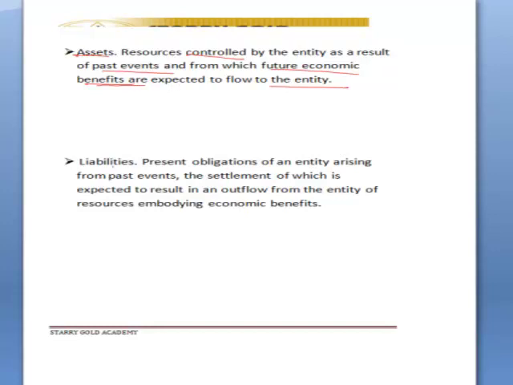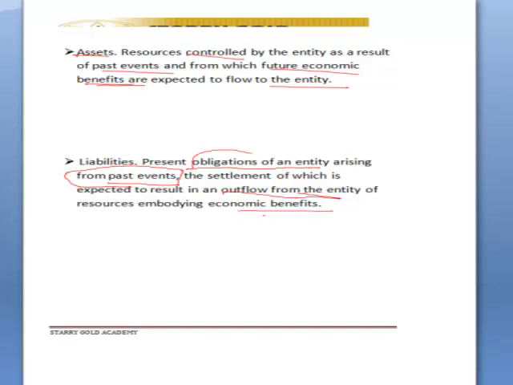Okay, so what is a liability? A liability represents an obligation of an entity, either a contractual obligation or otherwise. It is also arising from past events, the settlement of which is expected to result in an outflow from the entity of resources embodying economic benefits.